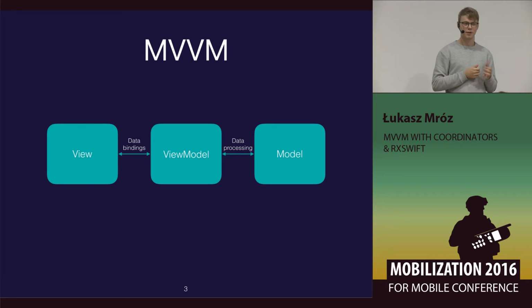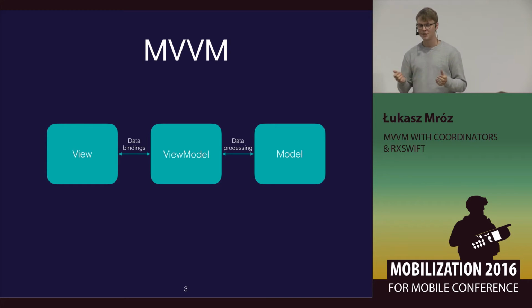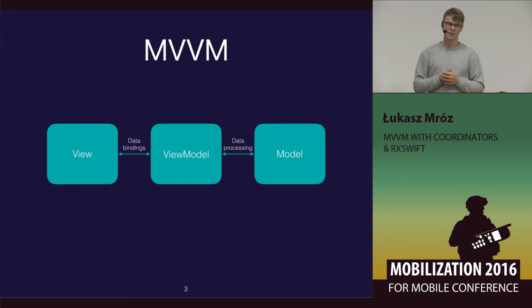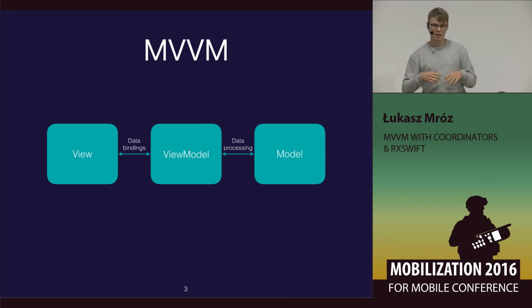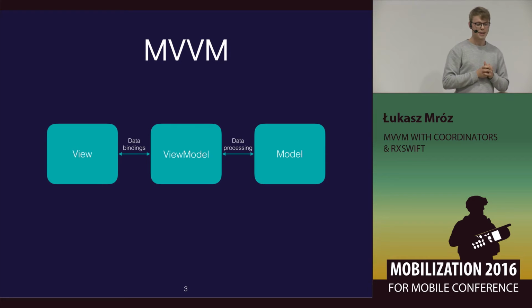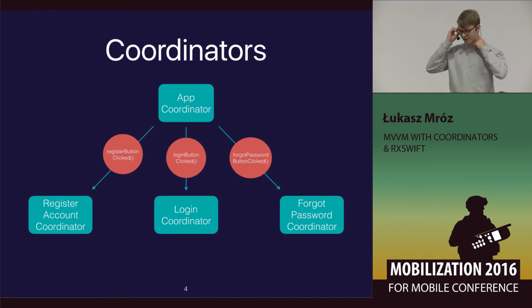So you may think of a view as a view controller plus view, one entity split between two files. So basically, here we can see that the view just displays the data, like in MVC. There's a model, and the ViewModel processes the data and passes it to the view. There's also no place for networking and other code. Let's just stop it here, and we will talk about another pattern, which is Coordinators.